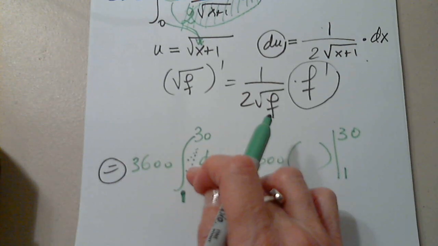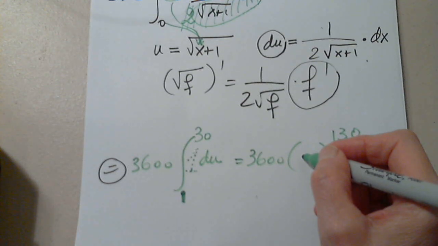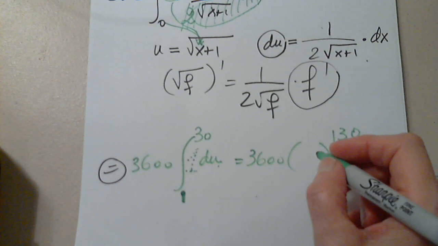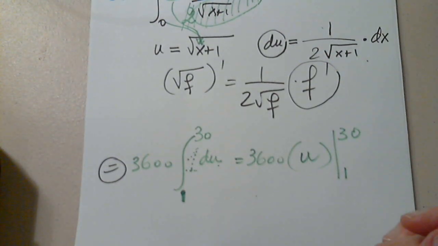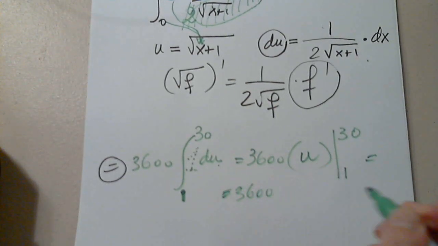What do I differentiate to get 1? Exactly. In this case, it's the same thing, but I have to use u. Excellent. So then, I have 3600.